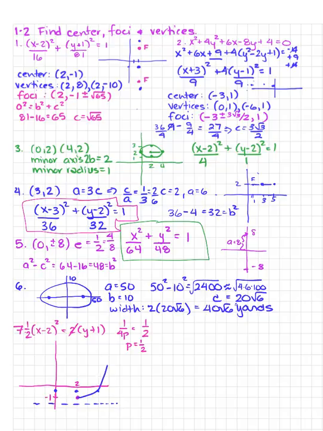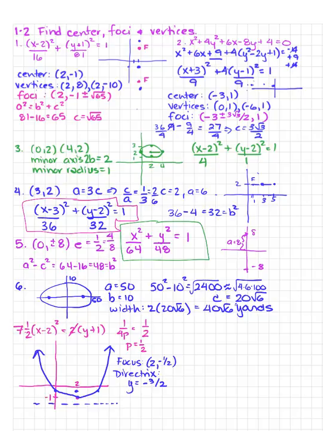So the graph will actually look something along those lines, where my focus is at 2, negative 1/2, and my directrix, which is the equation of a line, is going to be y equals negative 3/2.